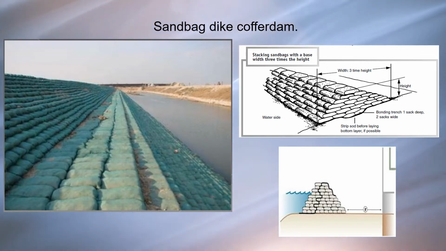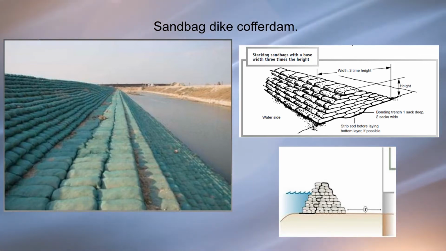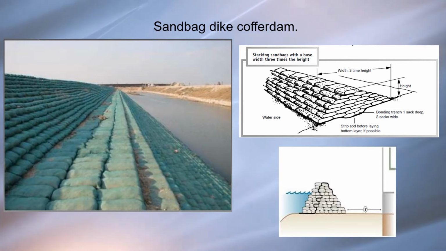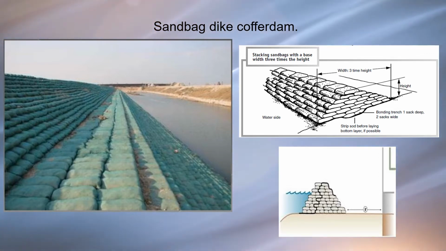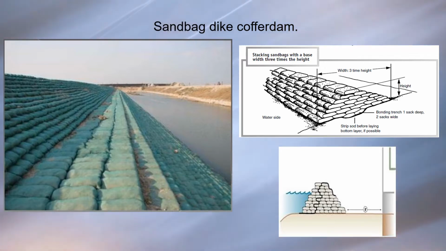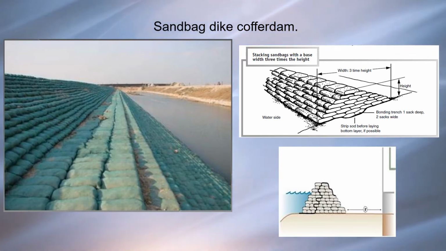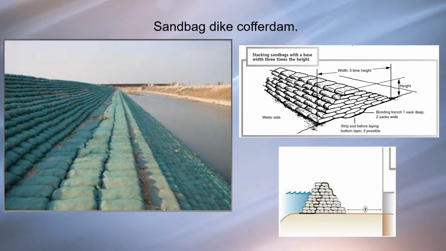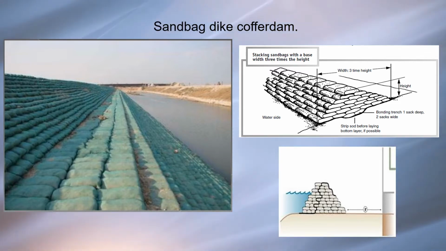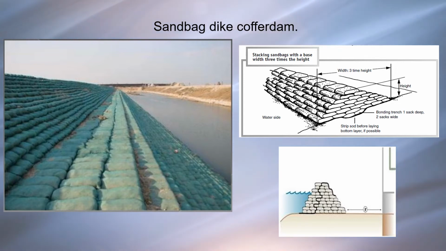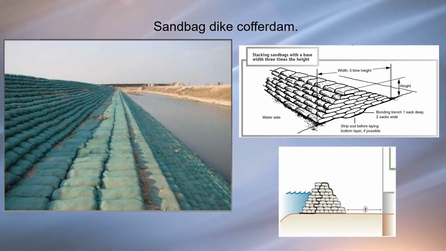When the depth of water is low and the velocity of the flow is low, this type of cofferdam is generally used. It is constructed using cement bags partially filled with a mixture of cement and sand and systematically laid around the area in courses.